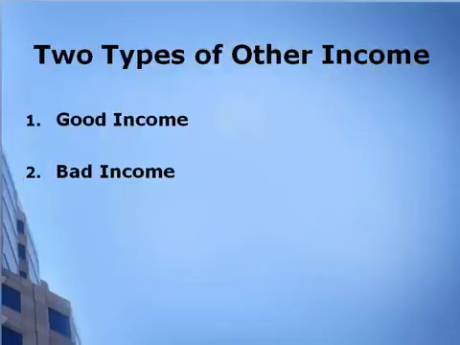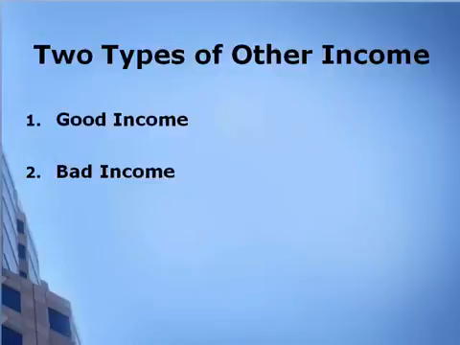But if there's income in this analysis that we should not include, that will help us by reducing the net operating income and thereby reducing the value of the property. Okay, so this is important that when we look at the other income section, we break it down between including the good income and excluding the bad income.